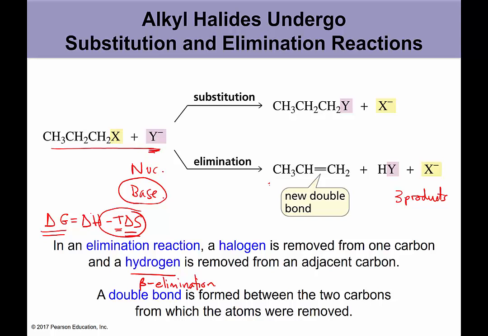Beta being alpha, beta, gamma, so alphabetically in the Greek letters, that's the order. So the hydrogen comes off the beta carbon, so that's a beta hydrogen that comes off. So it's often called a beta elimination. And when that happens, you form a new double bond.